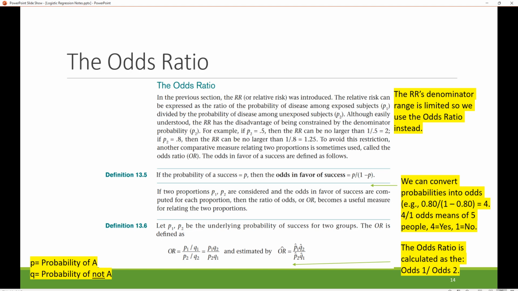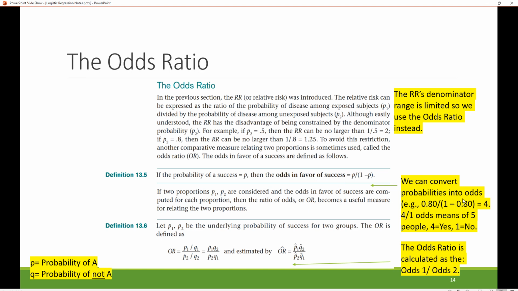A better way to work with probabilities is with the odds ratio. And the odds ratio allows us to compare odds that are in favor of success versus odds that are not.